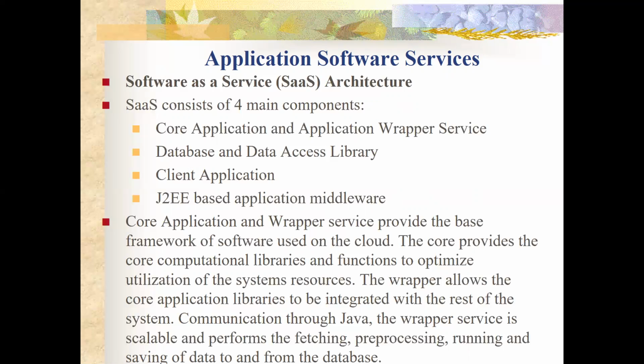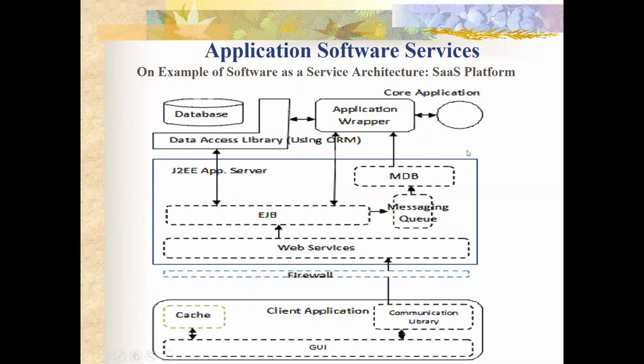The wrap allows the core application library to be integrated with the rest of the system. Communication through Java, the wrap service is scalable and performs the fetching, pre-processing, running, and saving of data to and from the database.